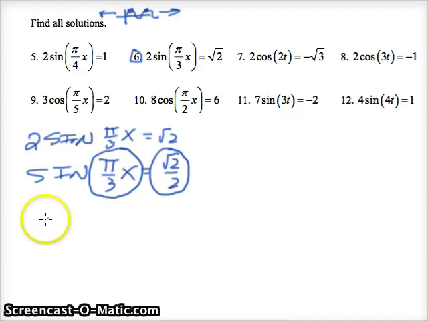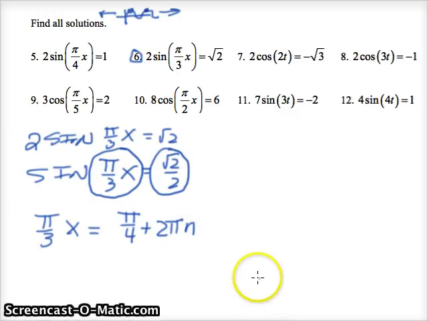So the angle value, pi over 3 x. Now, where is sine positive radical 2 over 2? One of them is pi over 4, plus every 2 pi n. And another place that it's true is 3 pi over 4. So again, my angle value is equal to 3 pi over 4 plus 2 pi n.